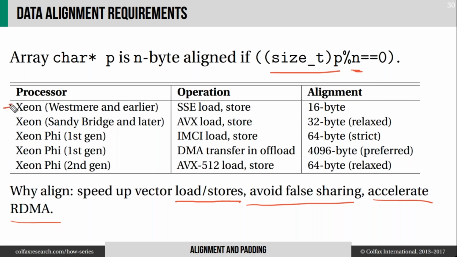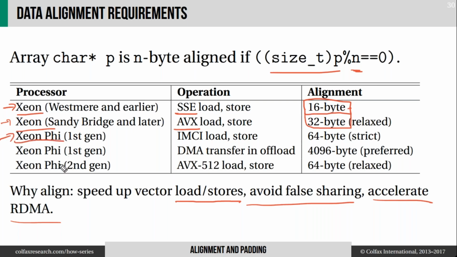If you're using an older Xeon processor and you have SSE instructions, you need to align data on 16 bytes. For more recent processors, which support AVX instructions, they like 32-byte alignment, but alignment requirements are relaxed. So if you don't align, you can still load and store. It just is slightly slower.